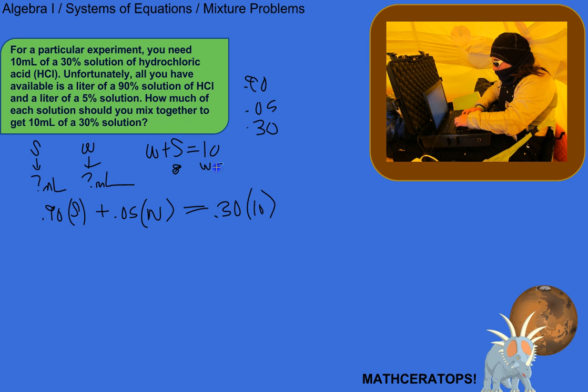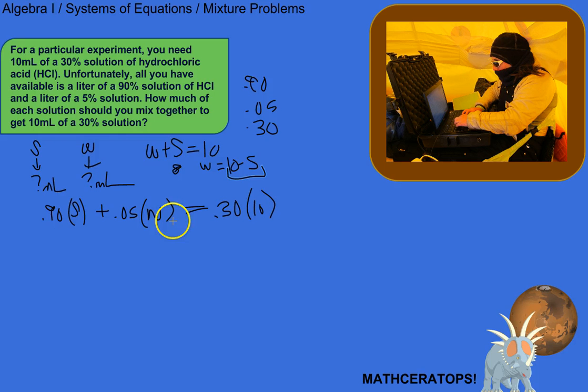W equals 10 minus S, which means we've got 10 milliliters to work with. We're going to pour in a certain amount of the strong liquid, and then however much we don't pour in of the strong, we're allowed to pour in the weak, if that makes sense. So we can just substitute this in for W, and then we'll just have S to deal with.